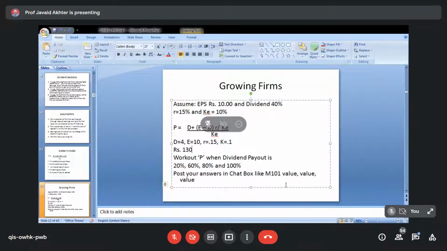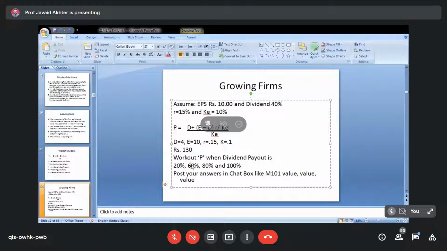No doubt. Now, once you are clear about calculation of 130, take out your pen and paper and calculate these 4 more. That is when the dividend payout ratio, in this case 40%, is 20%, 60%, 80%, and 100%.